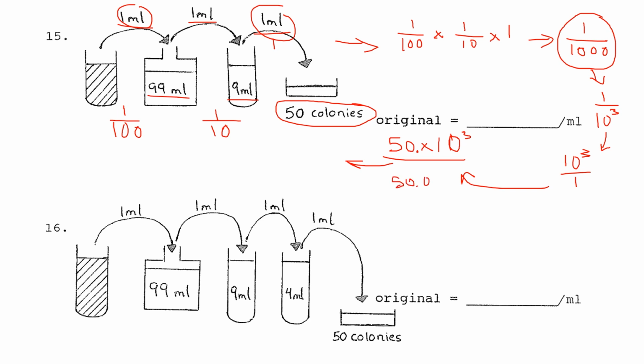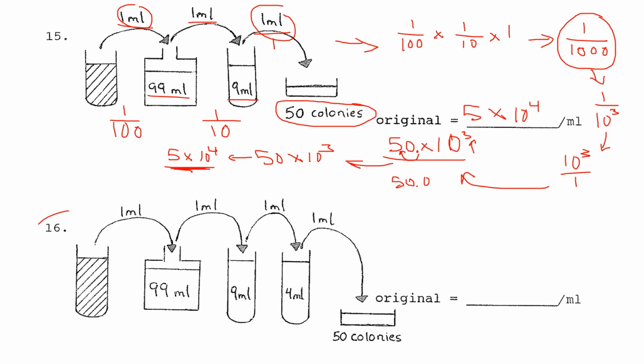You can actually move this over by 1 by increasing the exponent on the 10, right? And so if you have 50 times 10 to the third, it's actually the same as 5 times 10 to the fourth, right? Except this is the most reduced number. Okay, sorry, hopefully that made sense.